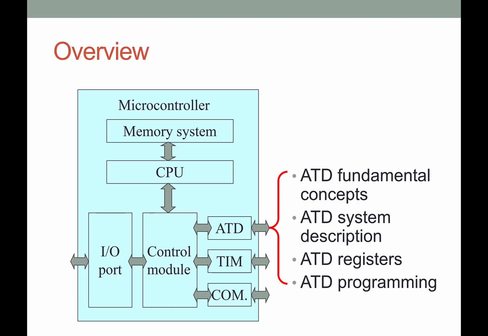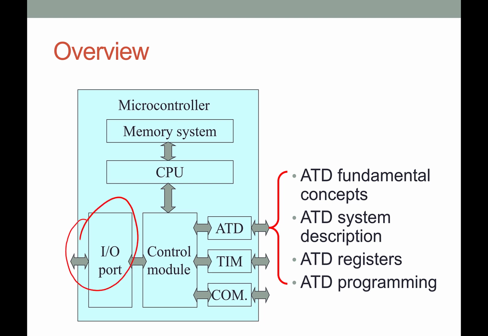So anyways, we'll talk about the analog to digital converters. We've seen this sort of block diagram approach of our microcontroller before, and we've done the GPIO ports, we talked about that stuff.